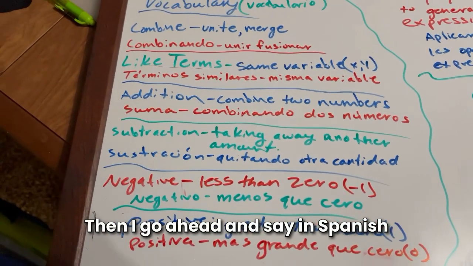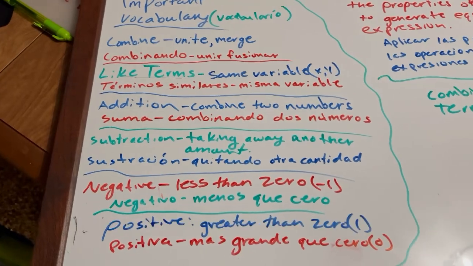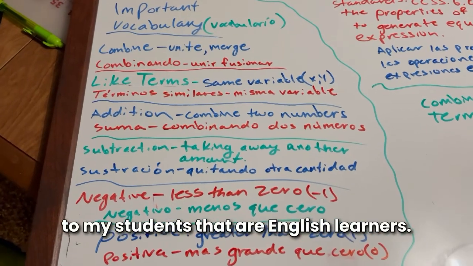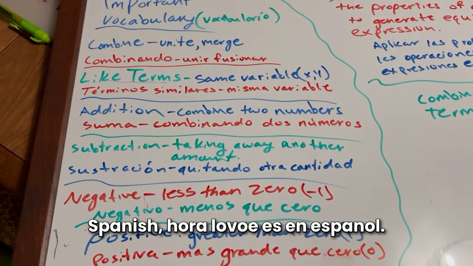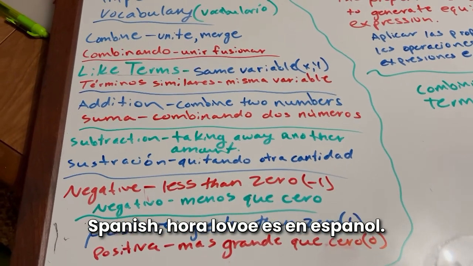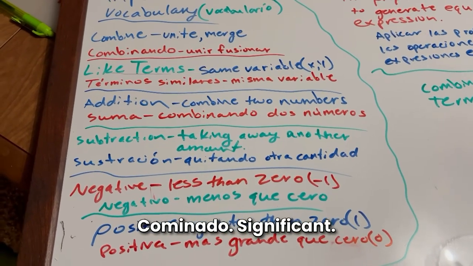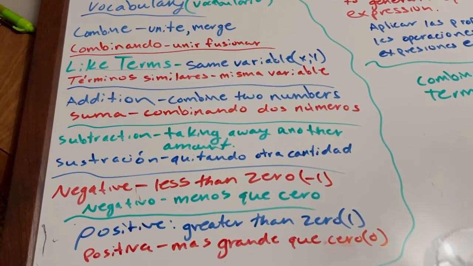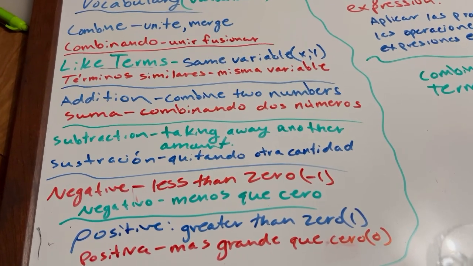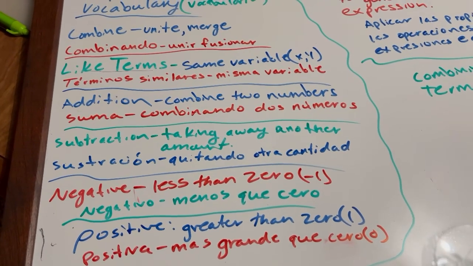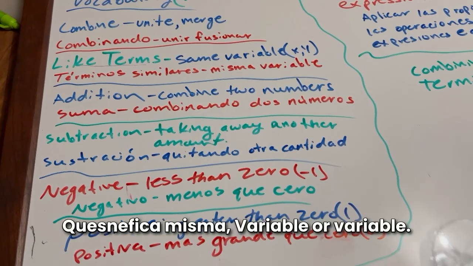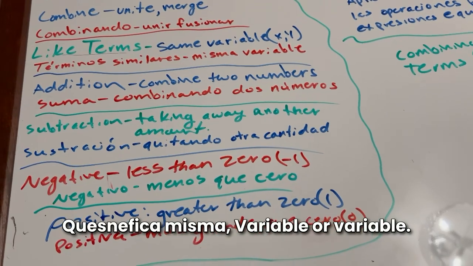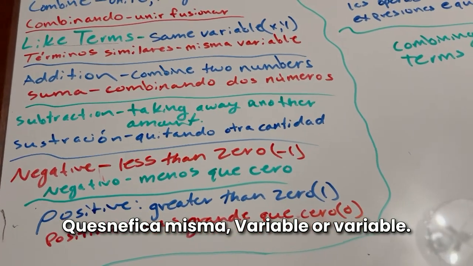Then I go ahead and say it in Spanish to my students that are English learners. Okay, now I'm going to say it in Spanish. Ahora lo voy a hacer en español. Combinado significa unir, fusionar. El próximo término es términos similares, que significa misma variable.